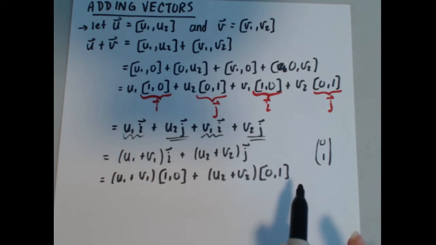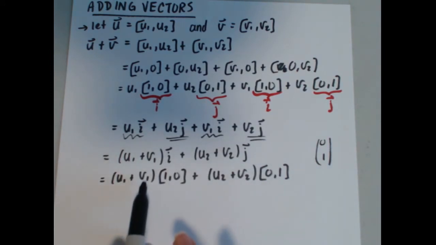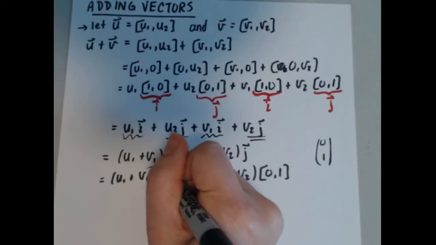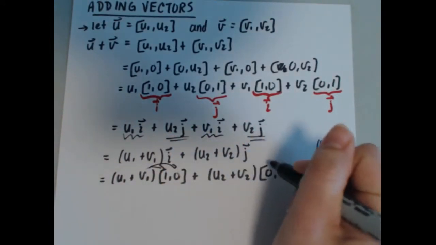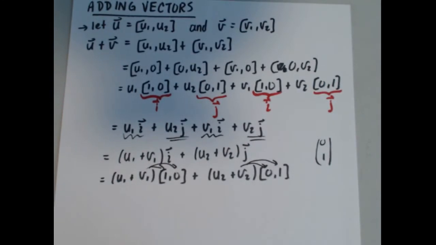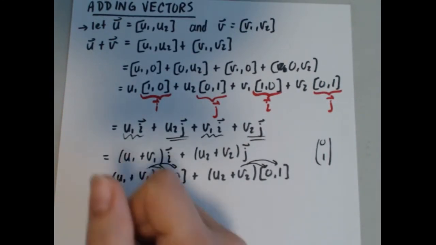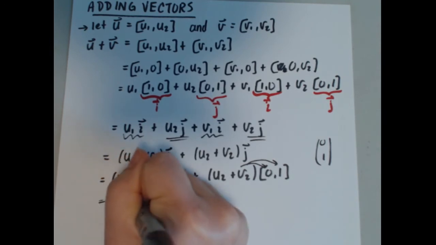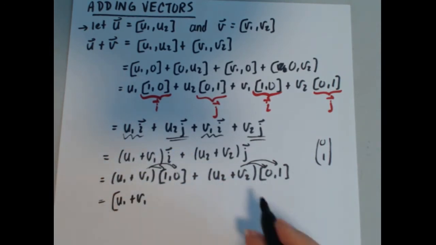Okay, so I'm going to take these constants and I'm going to multiply them inside. So this is scalar multiplication, right? So I'm going to take this set of constants, that's just a number, and distribute it to each of the vector components. So now I'm going to have u1 plus v1 times 1, which is just u1 plus v1.